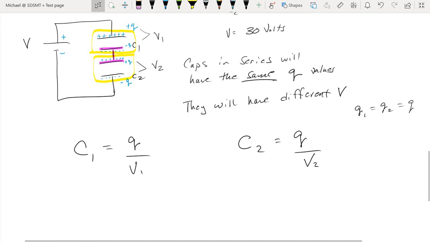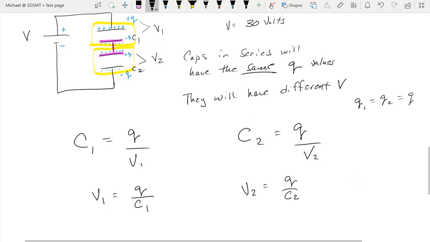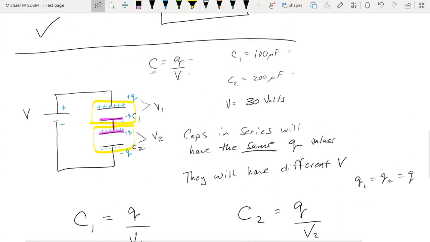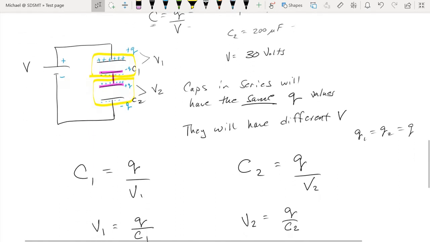And we can now express what those two different potentials are going to be. The problem is that I don't know how much charge is going to be deposited onto those two capacitors.